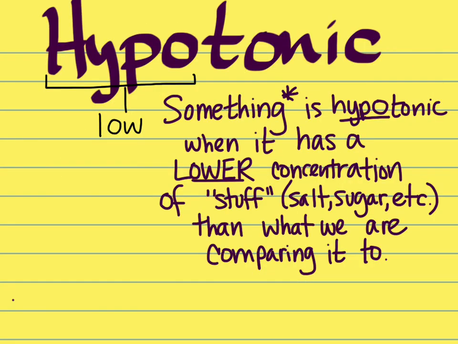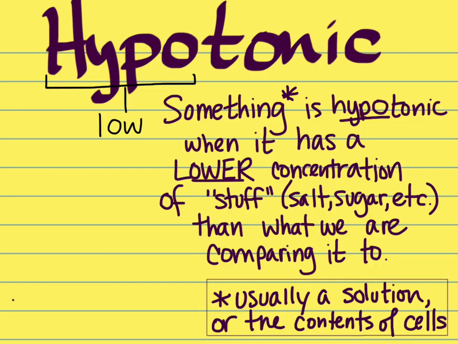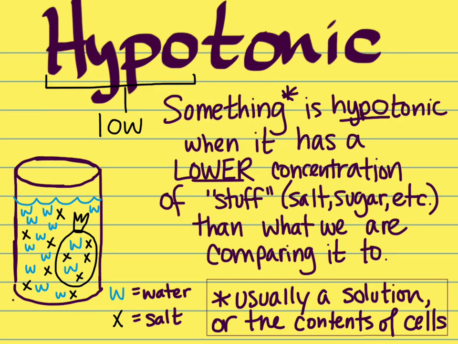So let's talk about the next one that ends with tonic, hypo. So hypo means low. If you're hypoactive, you got no energy. You're just laying around like a slug. So something, usually, again, a solution or the contents of a cell, is hypotonic when it has a lower concentration of stuff than whatever it is that we're comparing it to.